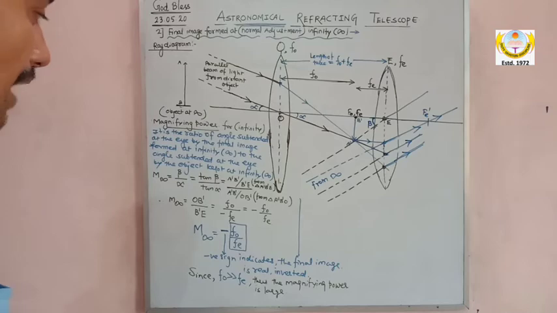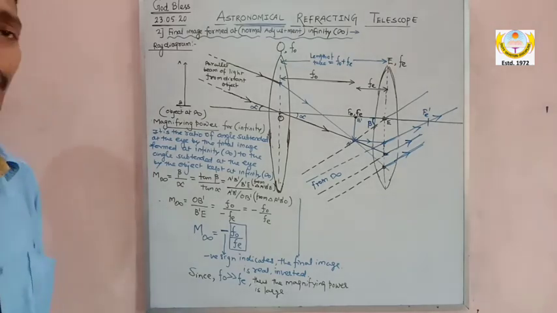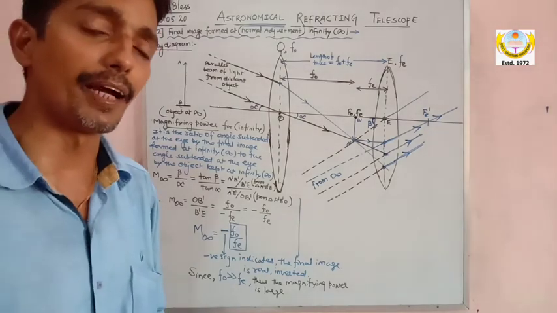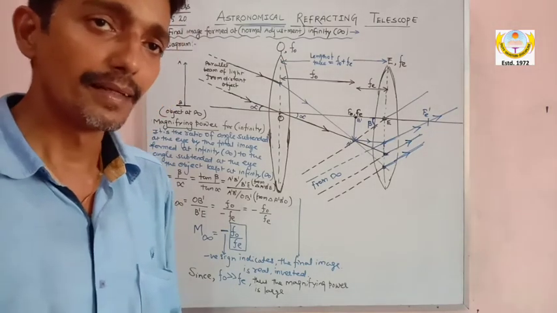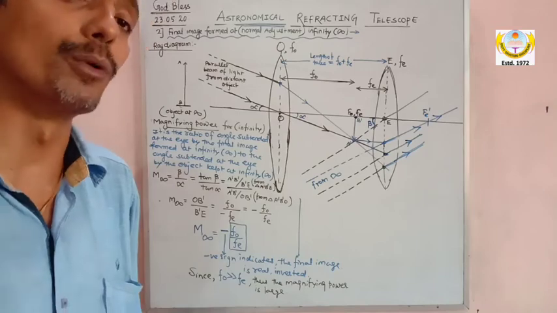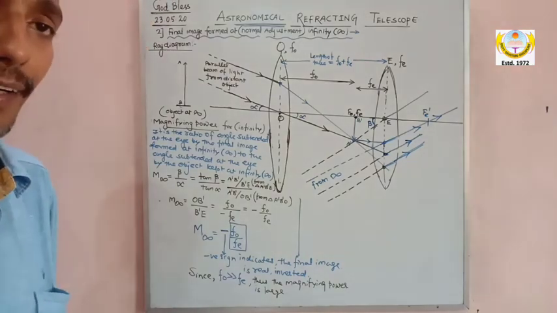But my dear, now let us compare the magnifying power at infinity and the magnifying power at LDDB. Out of these two, which is more? No doubt the magnifying power at LDDB is more.